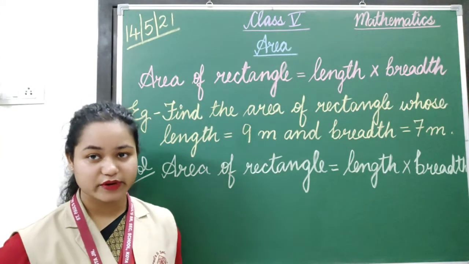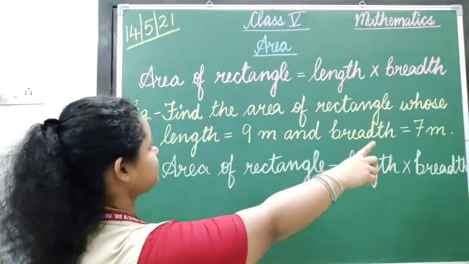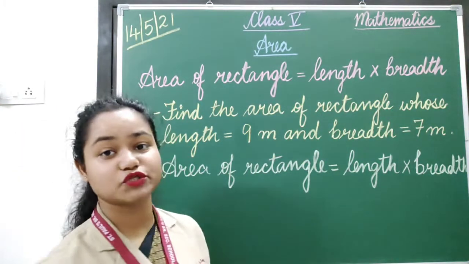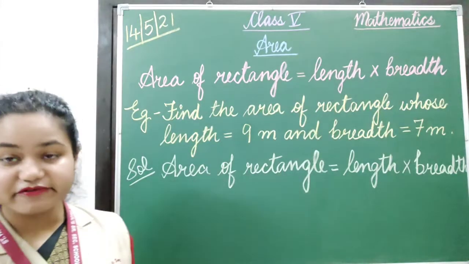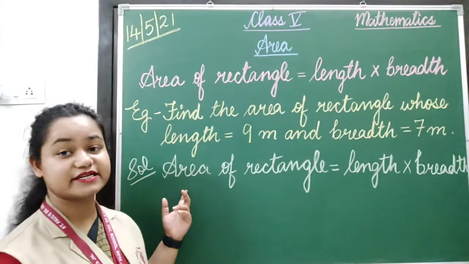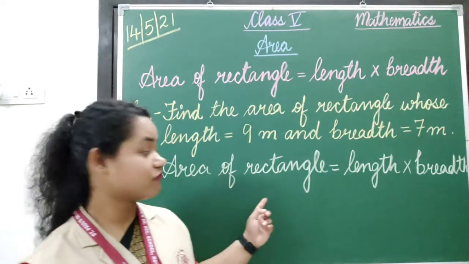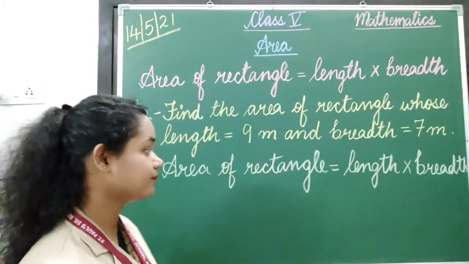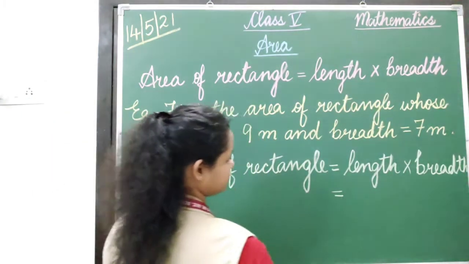Let's see one more example. Find the area of rectangle whose length is equals to 9 meters and breadth is equals to 7 meters. Okay. So for the solution, the very first line which you are going to write is the formula. Isn't it? Yes. So area of rectangle is equals to length into breadth. Okay. Now just below this is equals to sign, you are going to put another is equals to sign.